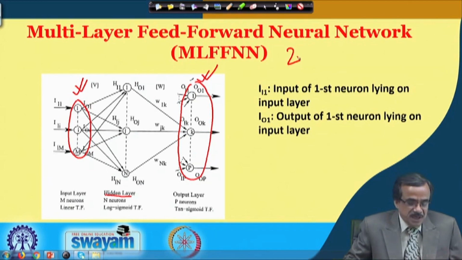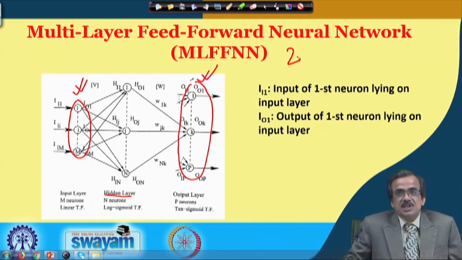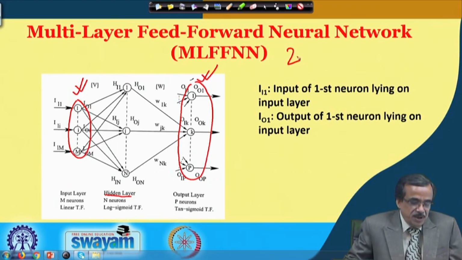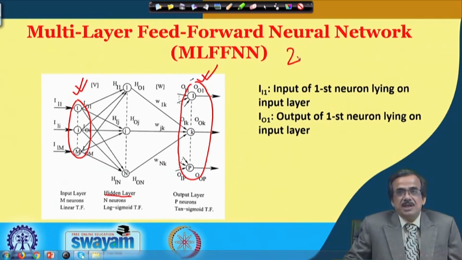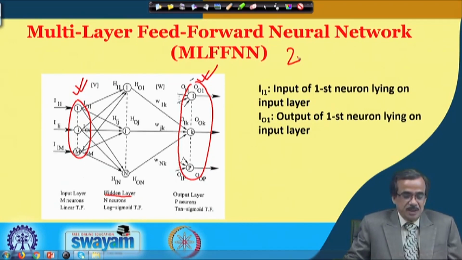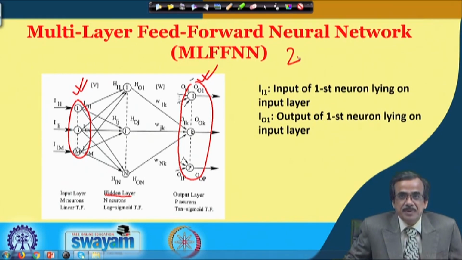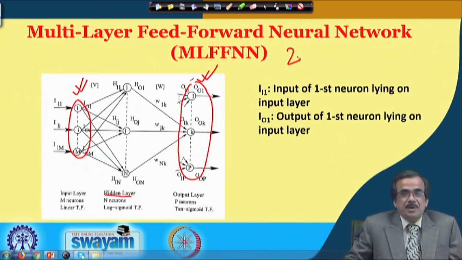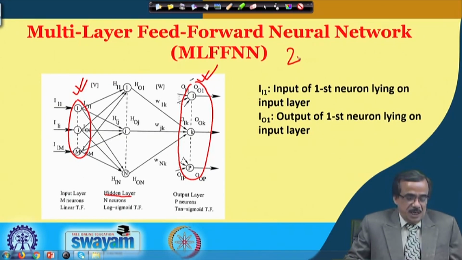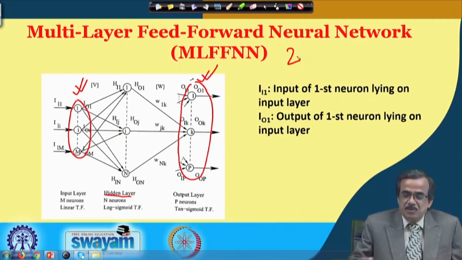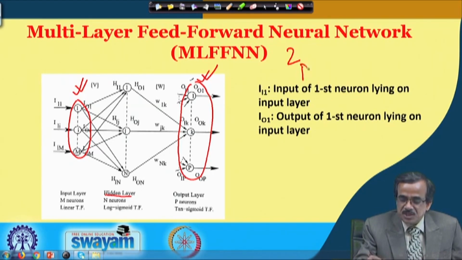So, to capture the nonlinearity of this process, the minimum number of neurons to be put in the hidden layer is equal to 2. Now, what should be the optimal number of neurons in this hidden layer? To decide that, we will have to carry out one parametric study.